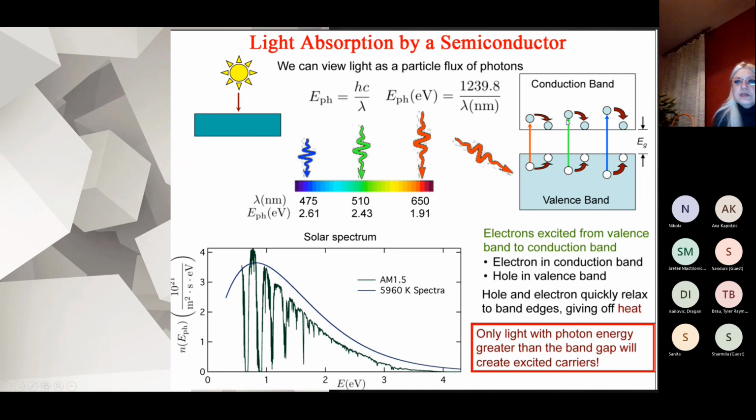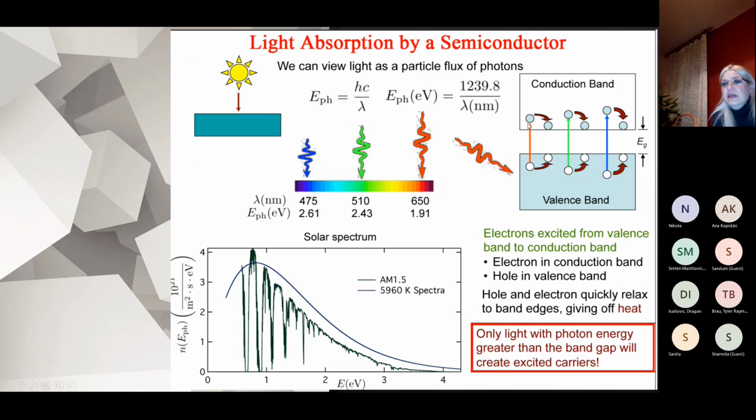And for the green photons, the energy here is smaller. Also, the difference between the energy levels of the holes and the electrons will be the same as the photon energy, and also for the red one. But the problem is that when you use more energetic photons, the holes and electrons quickly relax.